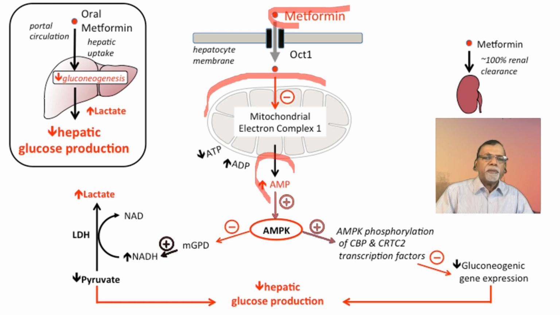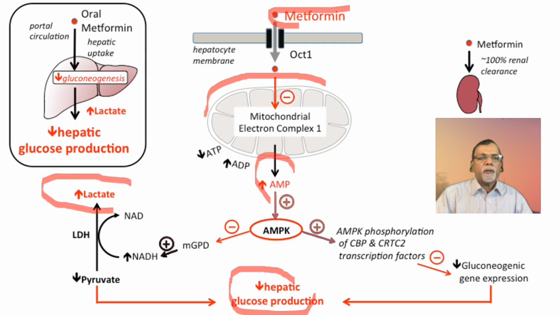At the same time, this leads on to a decrease in the hepatic glucose production, and also here you can see that the pyruvate will be converted to lactate, excess production of lactate will occur, and the end result is decreased glucose production.